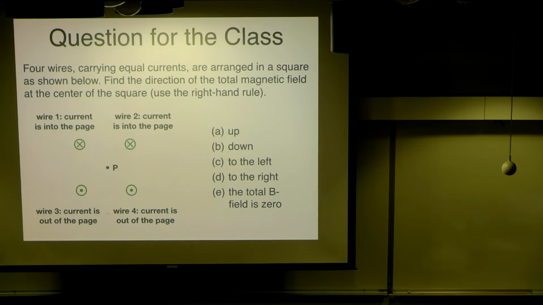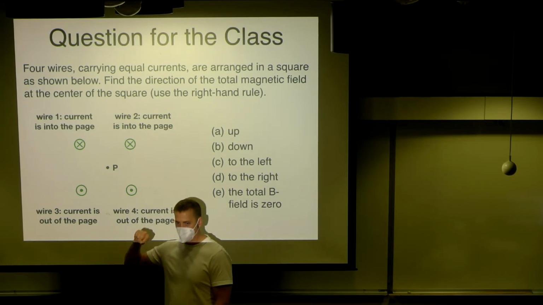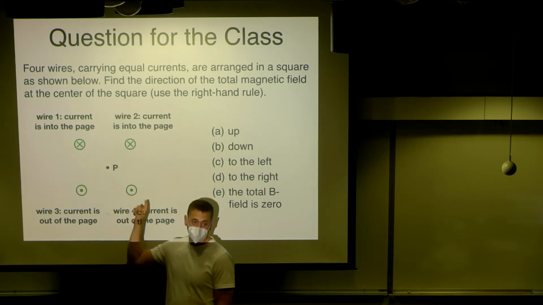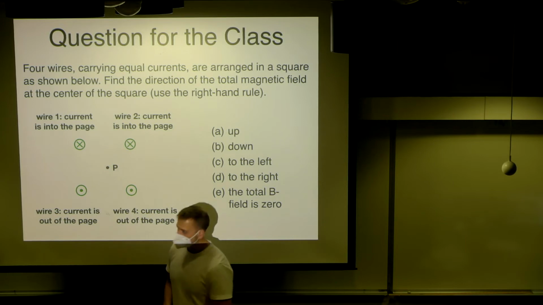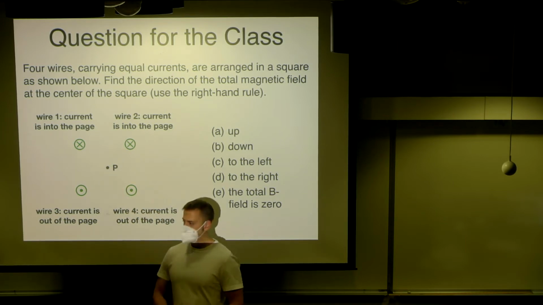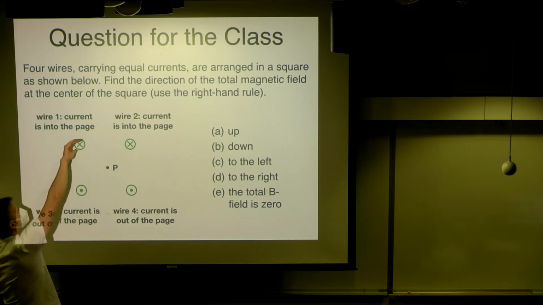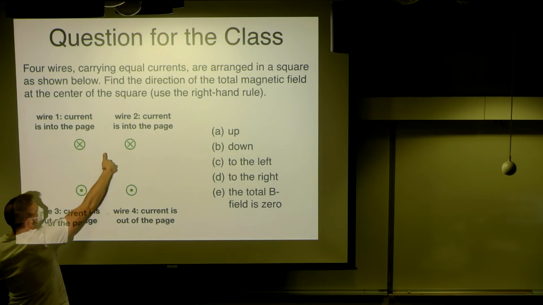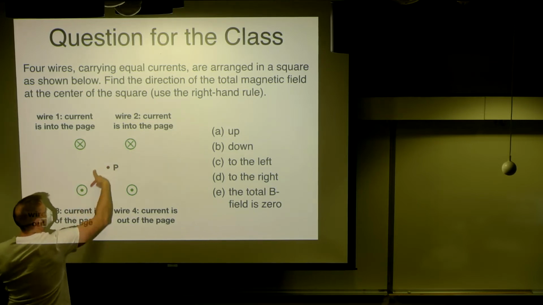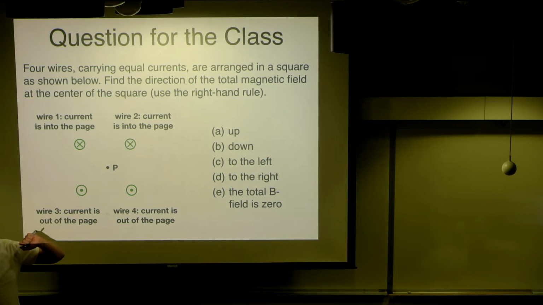Okay, so anyway, here's what we do. For each one of these, we understand that the B field forms a loop around that particular wire. So we just want to see what direction the B field is going at this point. Let's do it for wire number 1 with the current going into the page. It looks like my B field is going down and to the left at point P. Do we agree?